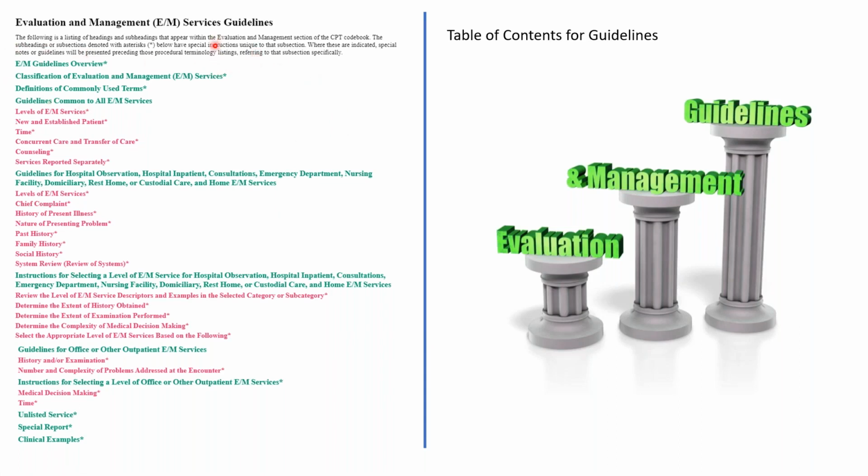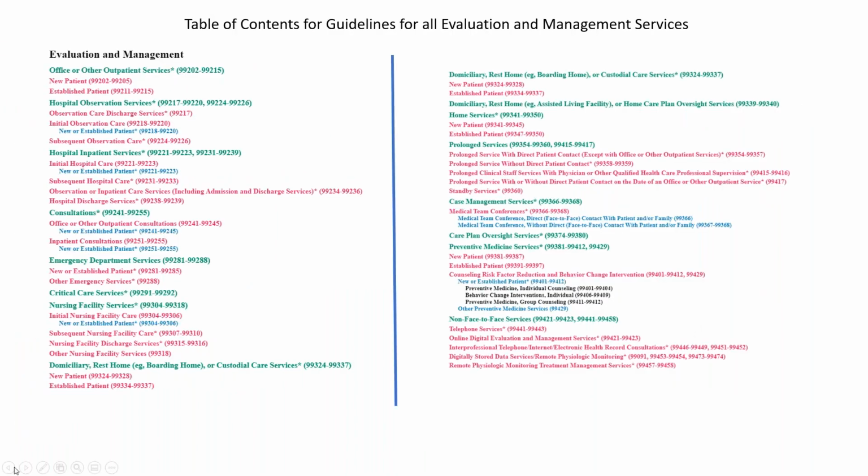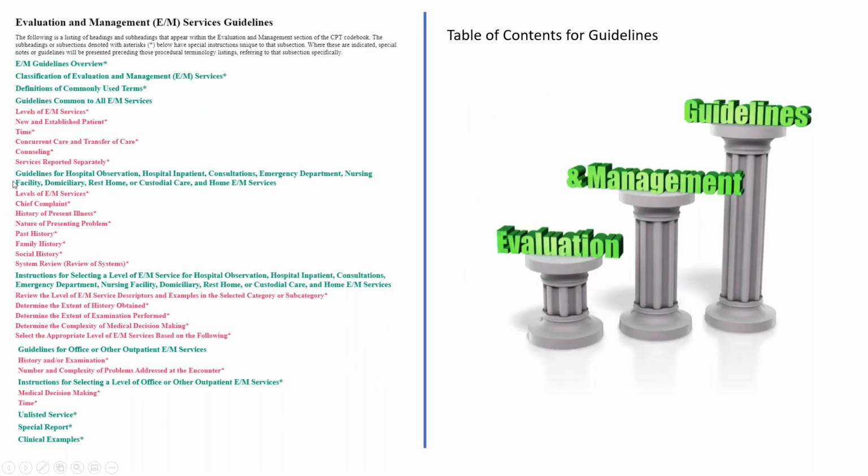All right, so in the table of contents, you'll find your guidelines, your 4 green bold items here. The guidelines for hospital observation, inpatient consultations, emergency department, nursing facility, domiciliary, rest home, or custodial care, and home E&M services.